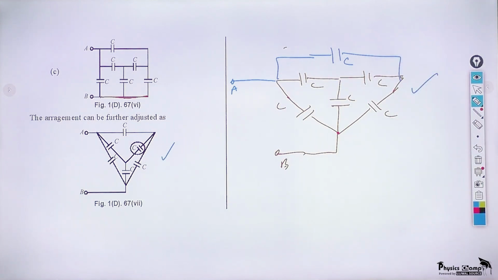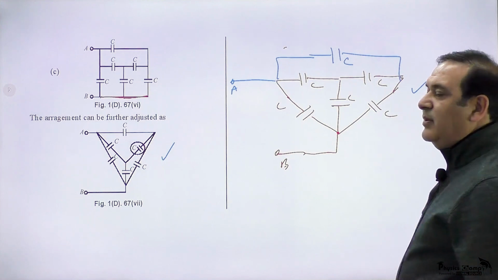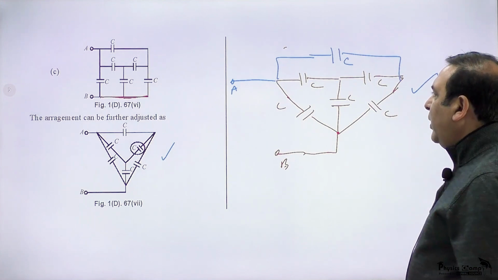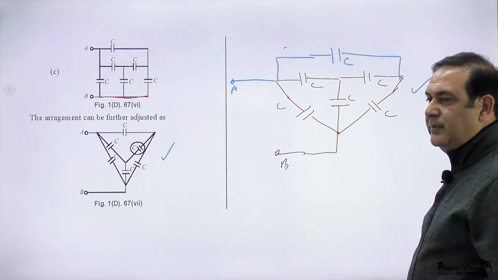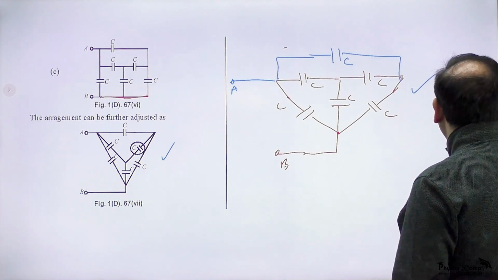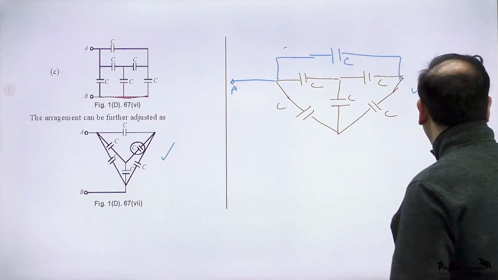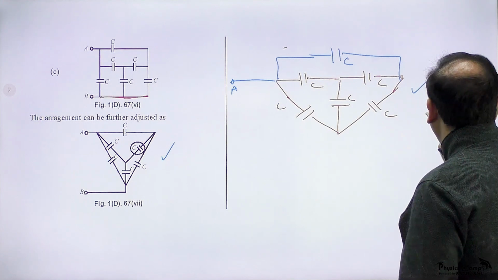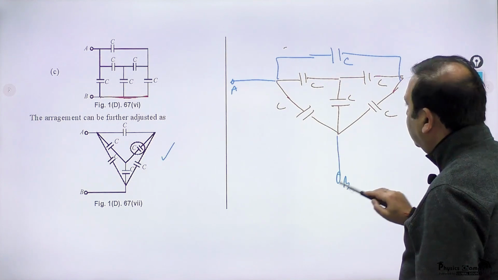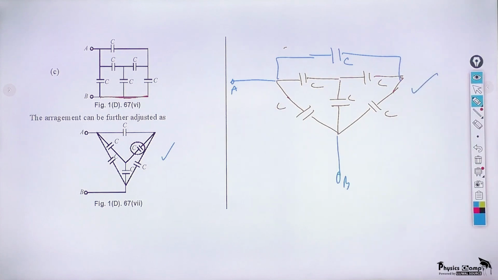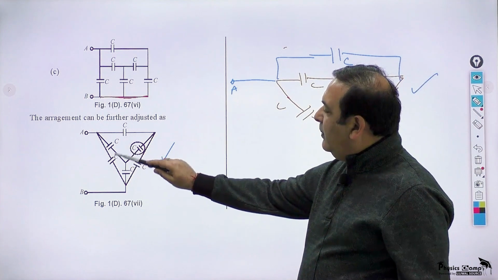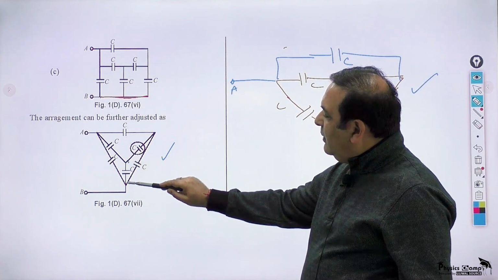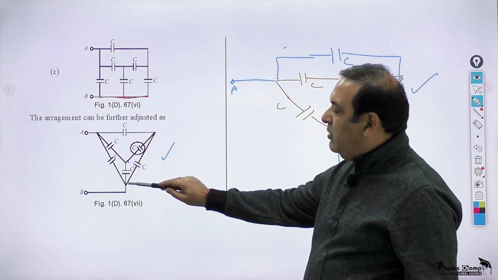Now in this arrangement, where is the fifth capacitor? What can be removed? Where is the Wheatstone bridge? If you look at the Wheatstone bridge here, I will show B further. Somewhere here, this is B, this is A. The Wheatstone bridge would be, as here it is more comfortable, this is connected to B, so this can't be removed.